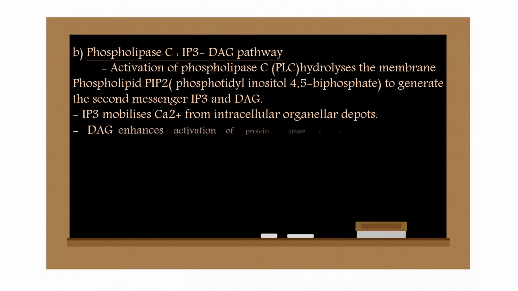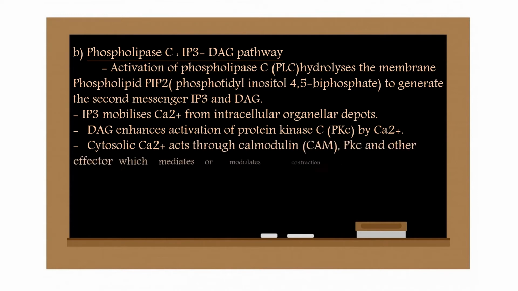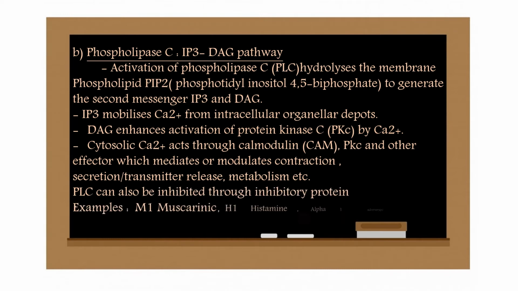This IP3 mobilizes or causes the movement of calcium from intracellular organelle depot, and DAG also enhances the activation of protein kinase by this calcium. Cytosolic calcium acts through calmodulin, PKC and other effectors and mediates or modulates the contraction, secretion or transmitter release, metabolism, etc.